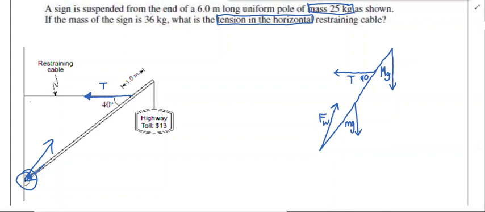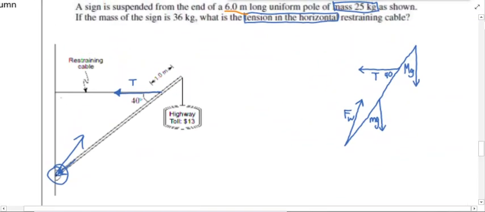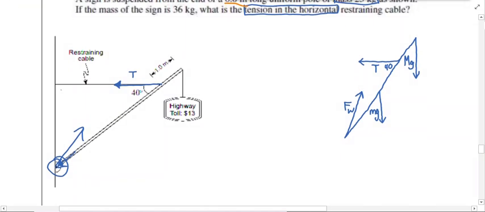Now let's start labeling some of our distances. So the pole itself is 6 meters long. This is how I like to do my distances. I like to get them the heck away from the diagram.